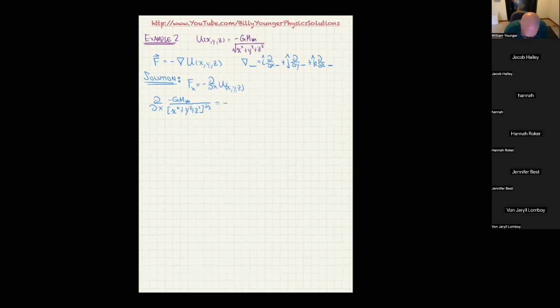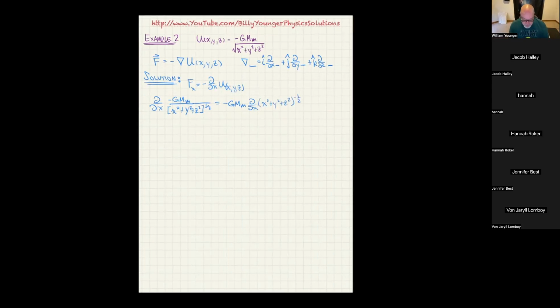And now I can go ahead and compute that. I'm going to say this is negative GM times the derivative with respect to x of x squared plus y squared plus z squared to the negative 1/2 power.